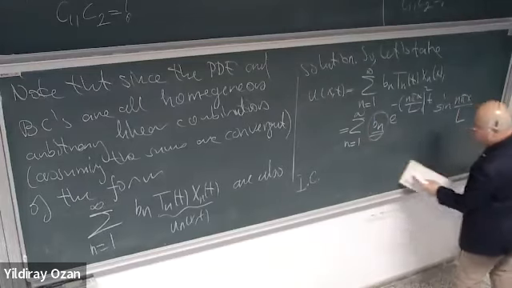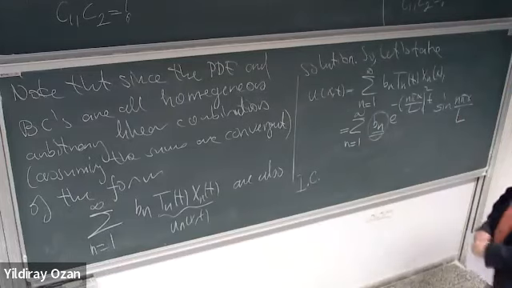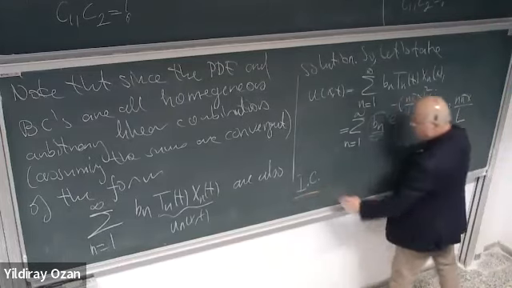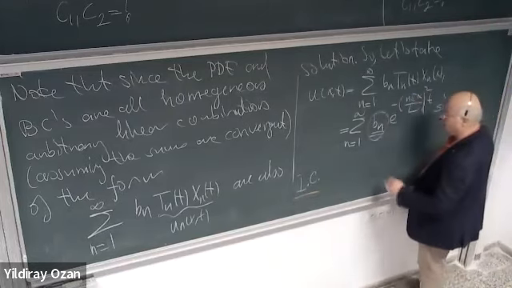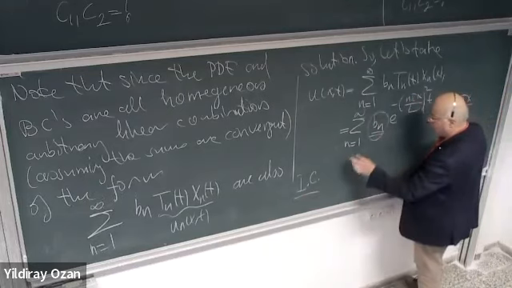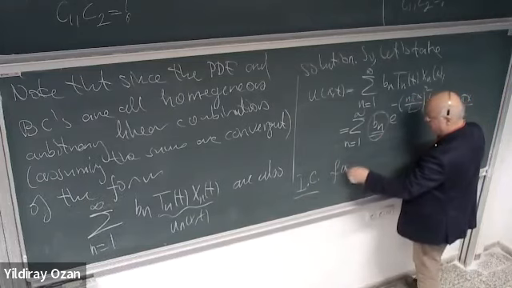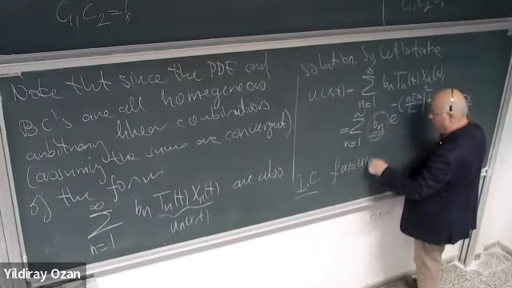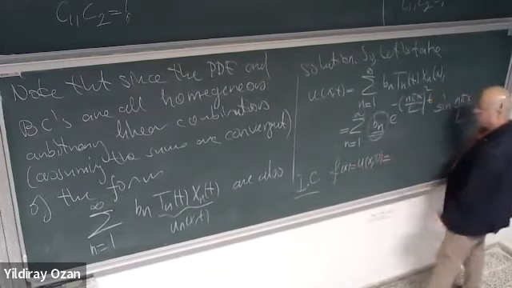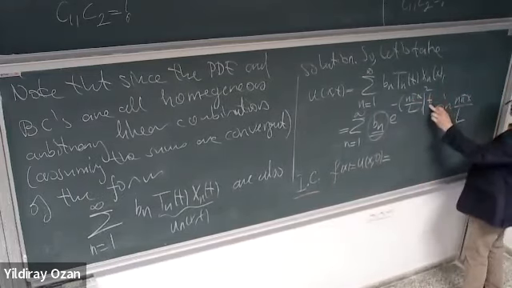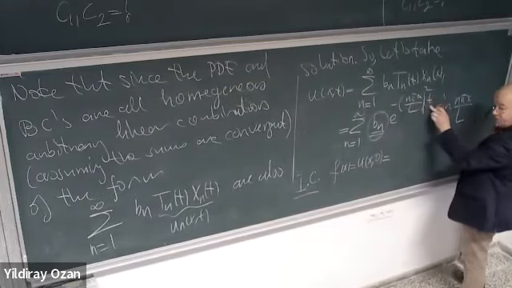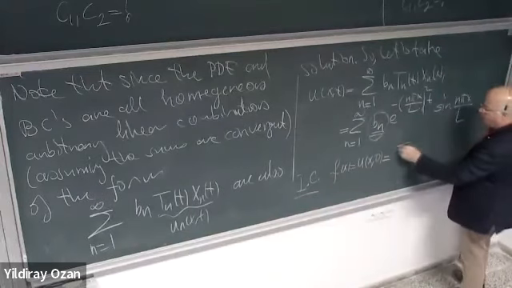To determine the b_n's, I will use the initial condition which I haven't used so far. What was the initial condition? f(x) is equal to u(x,0). If I plug in 0 here, I get e to the power 0, which is just 1.